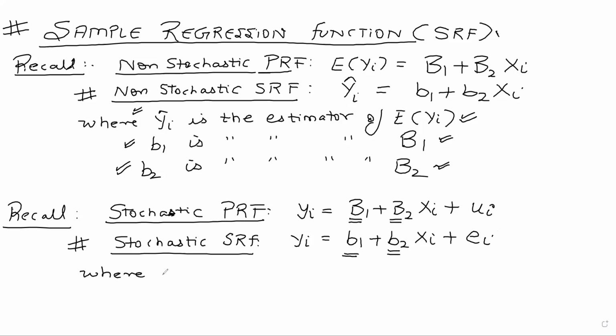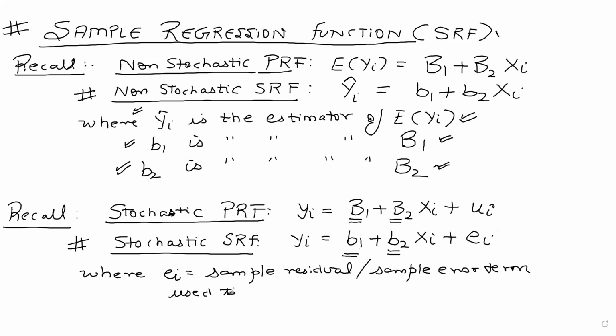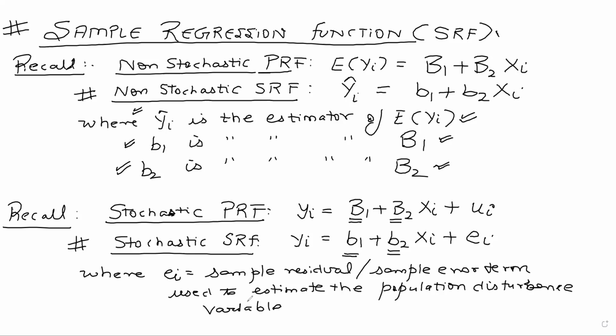What is ei? Ei is the sample residual, or I can say the sample error term, used to estimate the population disturbance variable, which is ui.